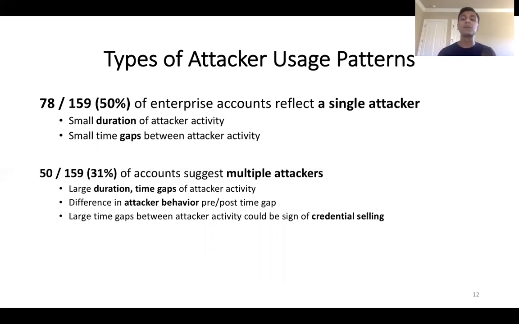So this presence of multiple attackers suggests that attackers are starting to specialize their skill sets in specific roles. Namely, one set of attackers are developing a skill set in compromising accounts, while another set of attackers are developing a skill set in actually extracting value and using the account.